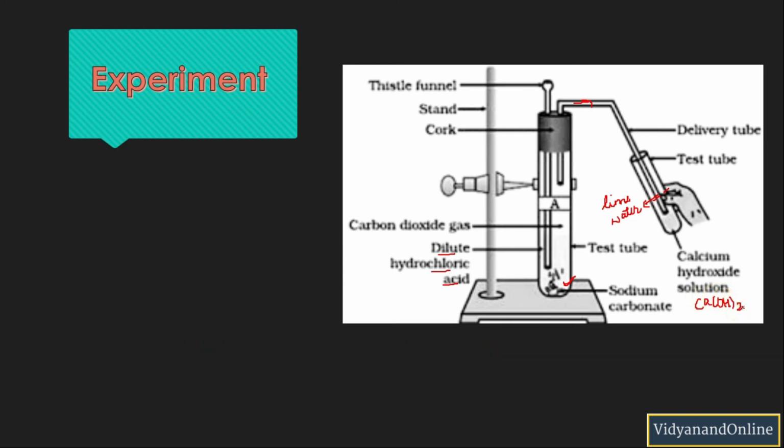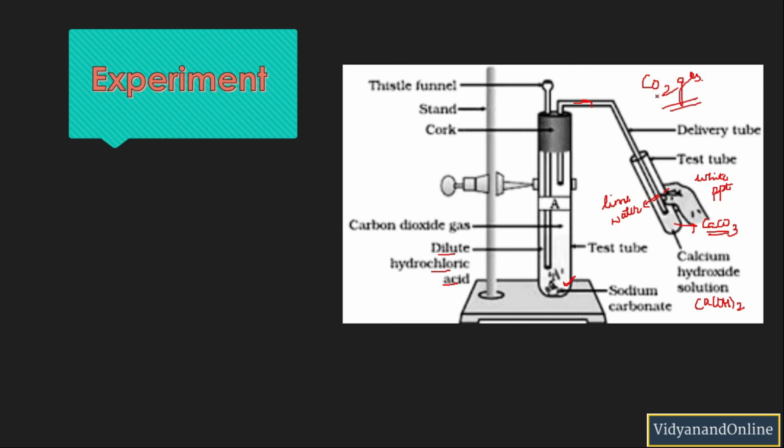It is also called slaked lime. Now when the carbon dioxide reacts with lime water, it forms calcium carbonate. This calcium carbonate is white in color, therefore you will see that a white precipitate is formed, which confirms that the gas which came inside this test tube was carbon dioxide gas.